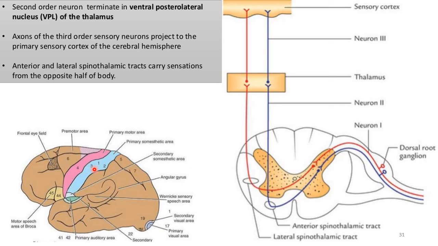Area numbers 3, 1, 2 are called primary somatic area. And the secondary is just below the primary one and above the lateral sulcus, you will find secondary somatic area. And area 5 and 7 is the associated somatic area.